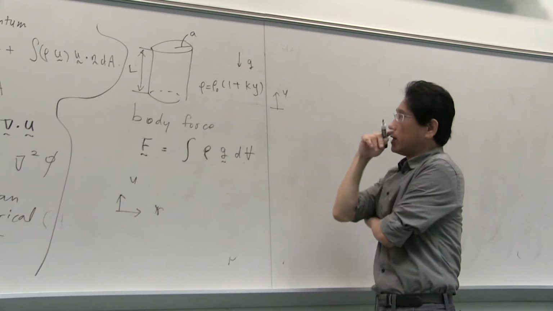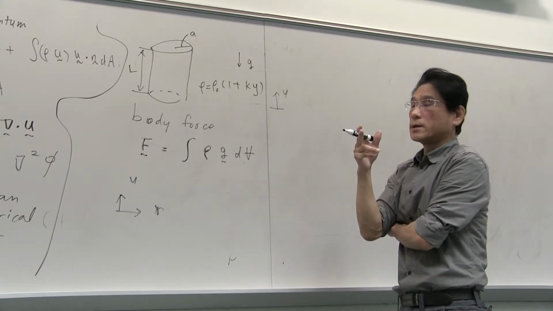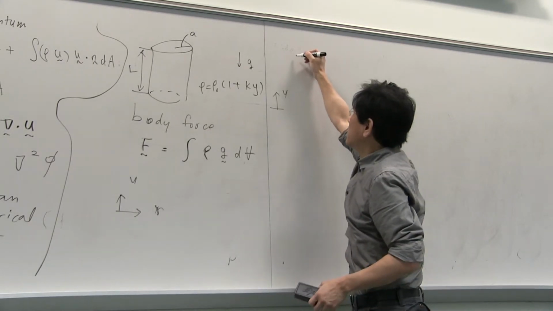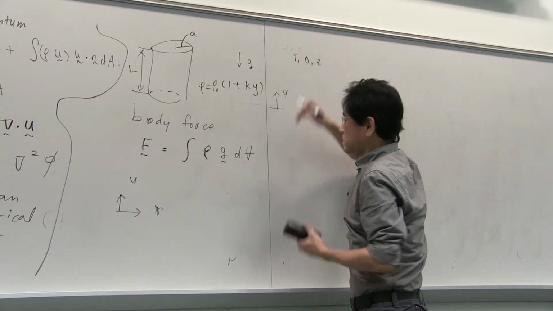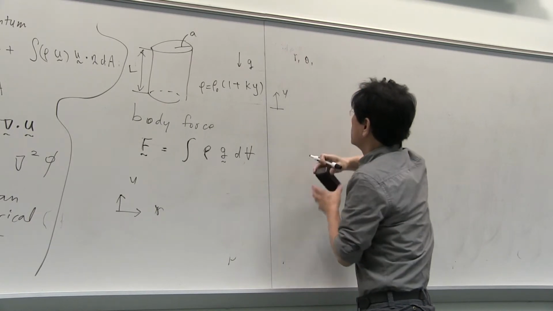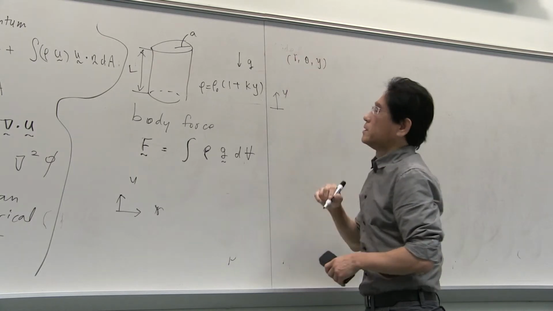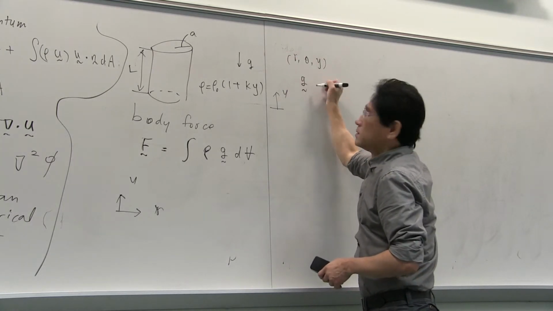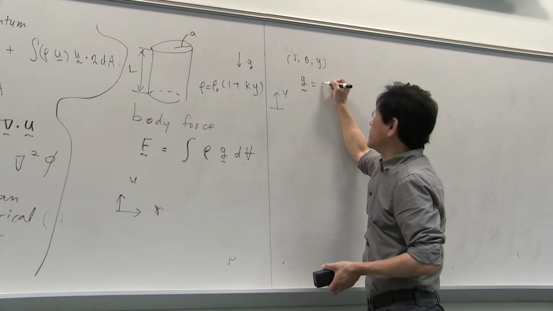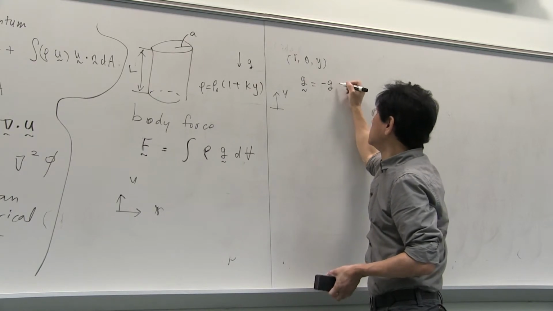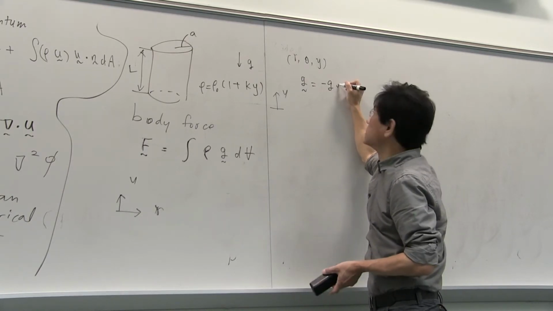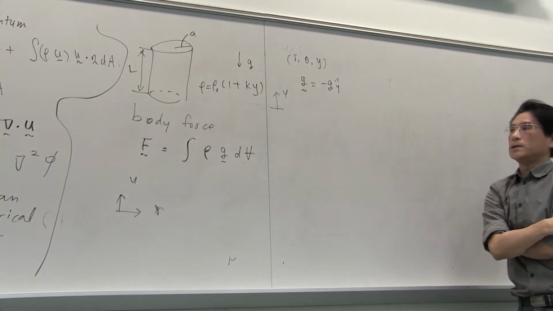In cylindrical coordinates you have r, theta, and z directions, but in this case, unfortunately, it is the y direction. So your gravitational force is negative g in the y direction.